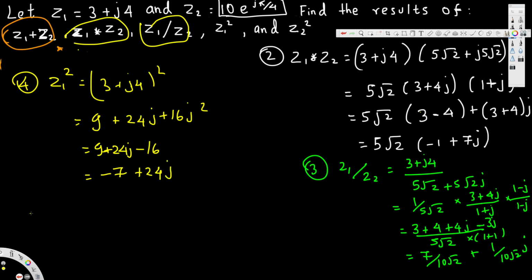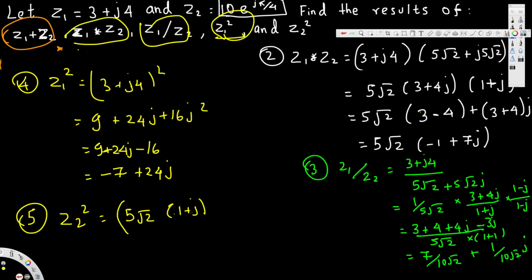And also we are going to do the z2 square. This one is done. z2 square, it's better to do in Cartesian format. We convert that one into Cartesian, that is 5 root 2 plus 5 root 2j. If I take 5 root 2 common, this is going to be just 1 plus j, and we are going to square.